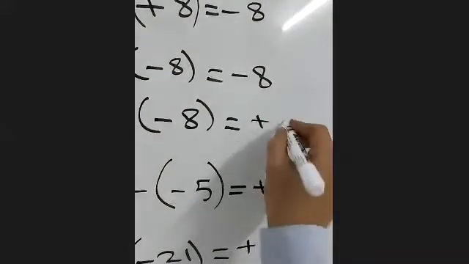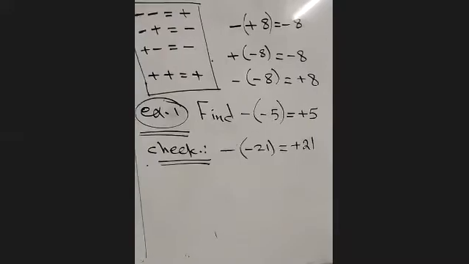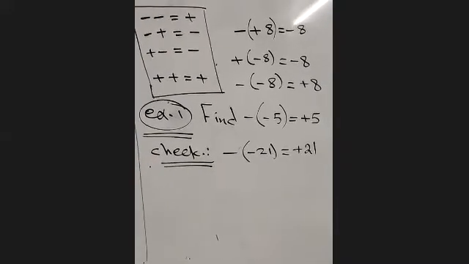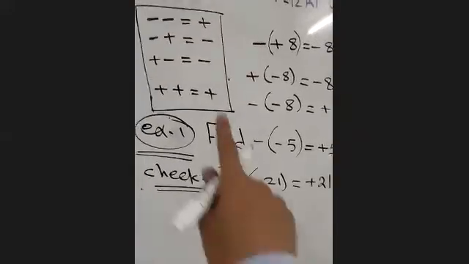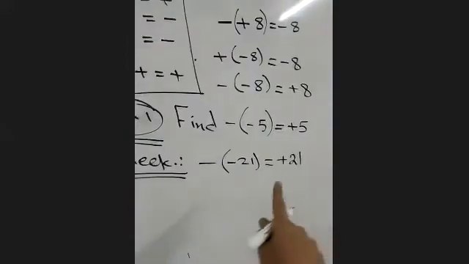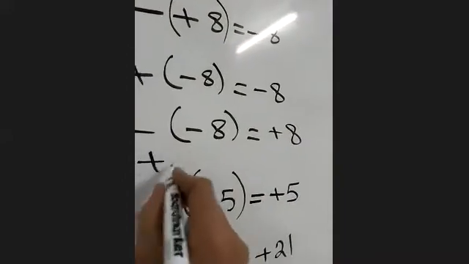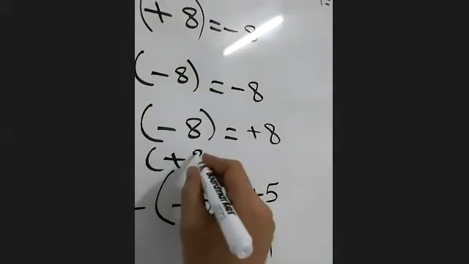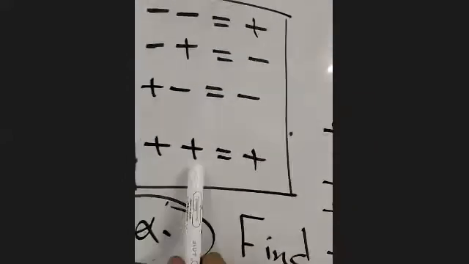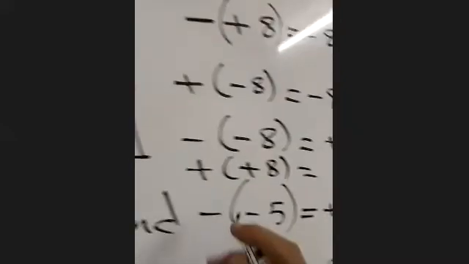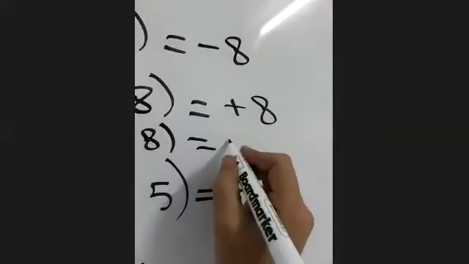So positive 8. So I will use the square to solve these kind of questions. Okay. So the square is very important. This is the check. Negative negative is positive. So it's positive 21. But if we have positive 8, positive stays positive.